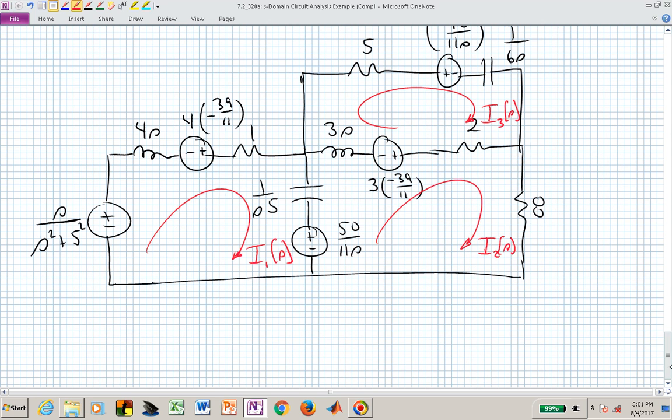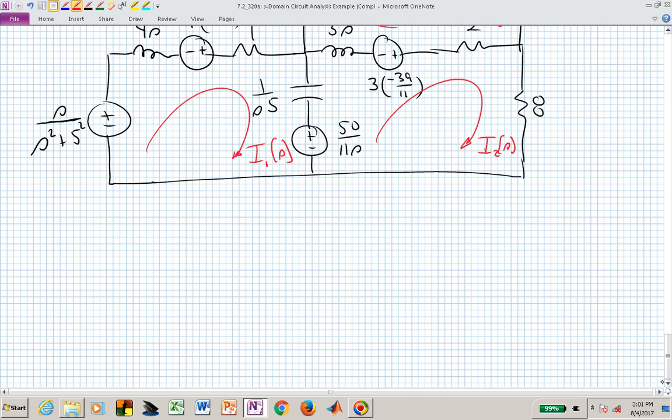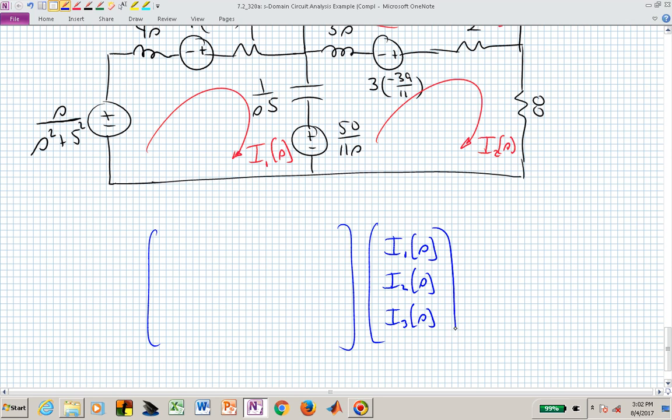And what I can do now is write a generalized Ohm's law in matrix form, and you should expect that your equations are going to be something times your unknown currents, and you have three of those. You have three mesh currents. You have a lot of sources that are impacting those currents.